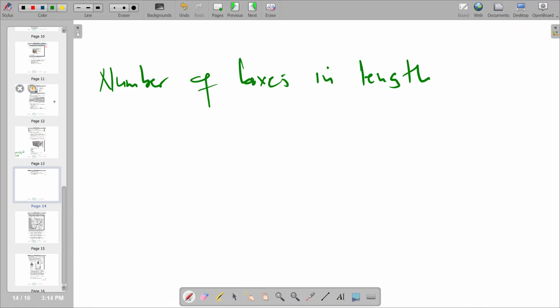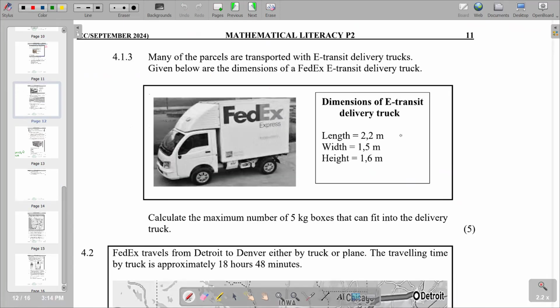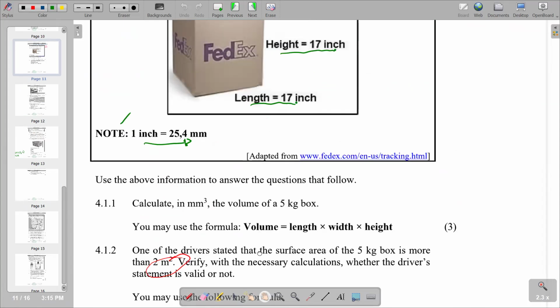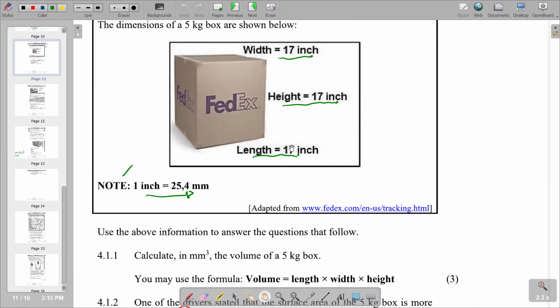Remember, we check the length that we have in the e-transit delivery truck. We have got 2.2 meters, as compared to the length that we have there, which was 17-inch, but we are going to use the same as we have calculated.